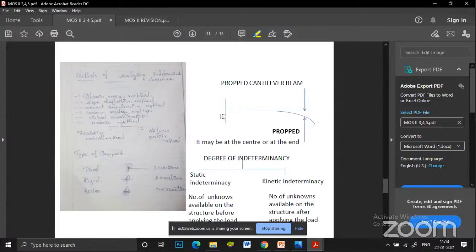Okay. Before that, consider a cantilever beam of a given length. When we apply load at the free end, we know that at the free end the moment is 0, and at the fixed end the moment is maximum.